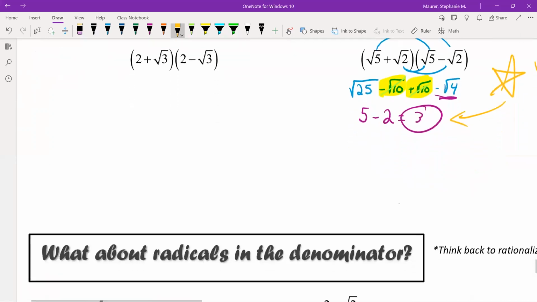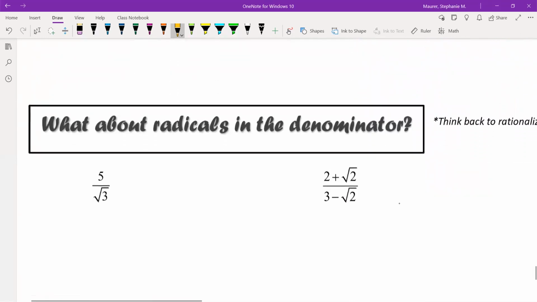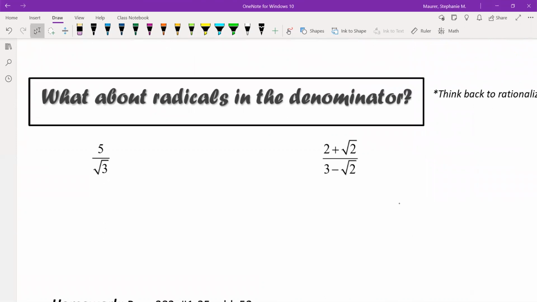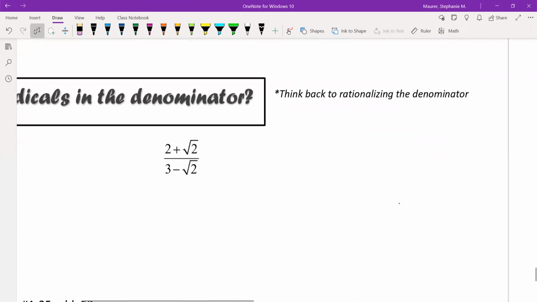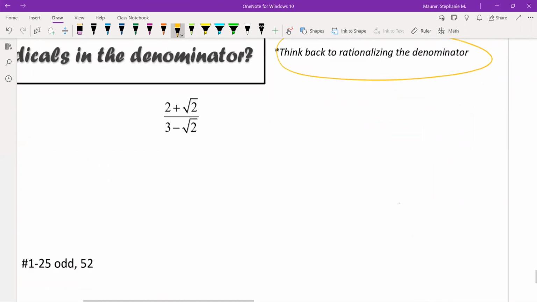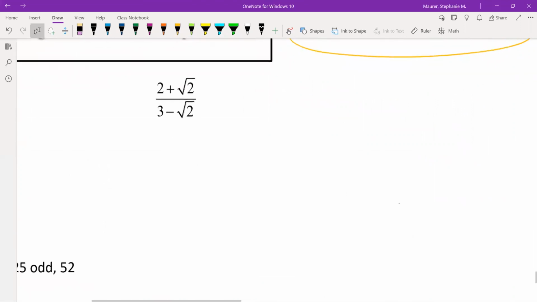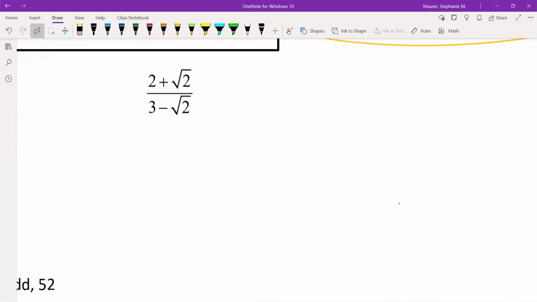And as our last topic of today, I come back to this idea of rationalizing the denominator. It says here, think back to when we rationalized the denominator. If I look at the second example, and again for time, I'm just going to go right into that second example.